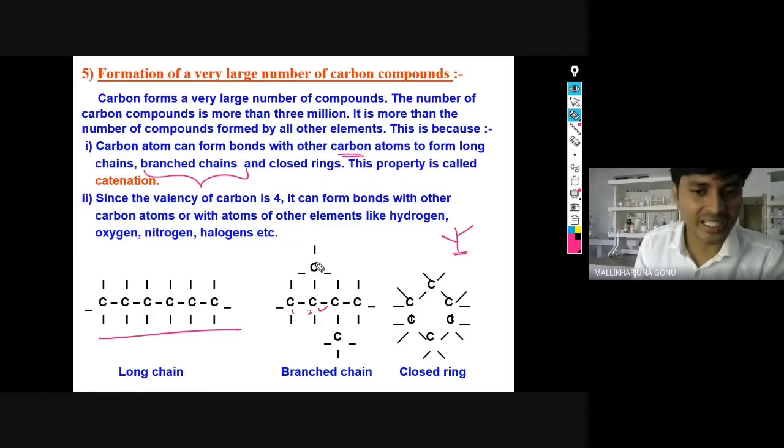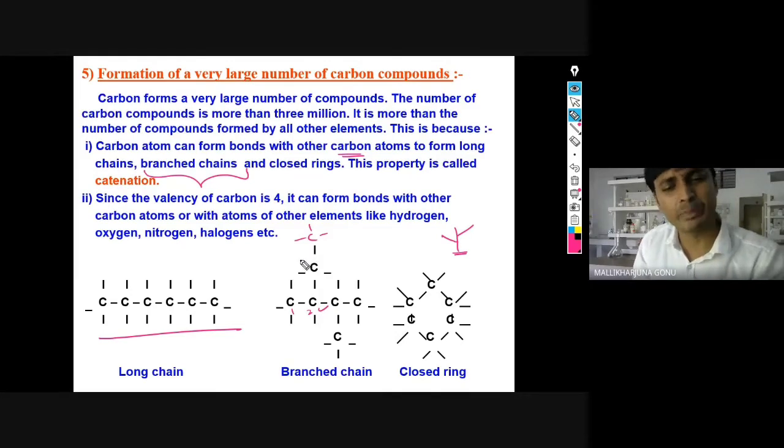Make sure that carbon always has 4 bonds. In any structure you write, take care whether 4 bonds are there or not. If you know this concept, you can write any type of structure.